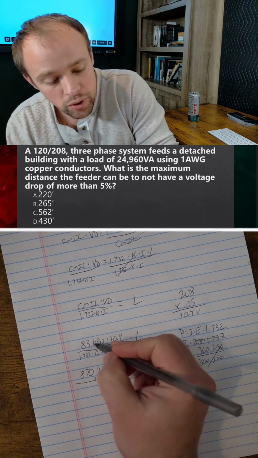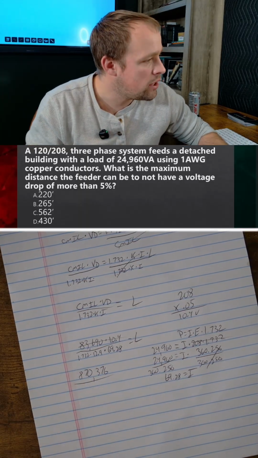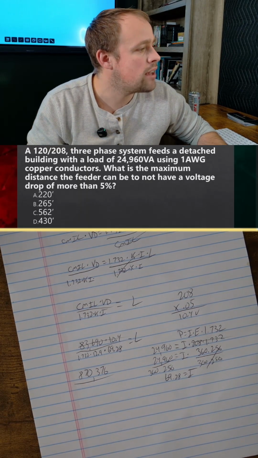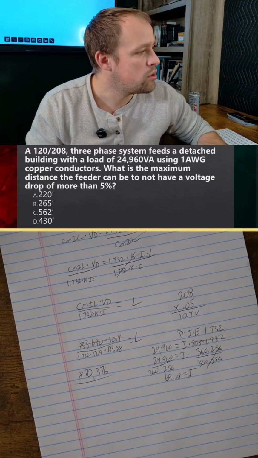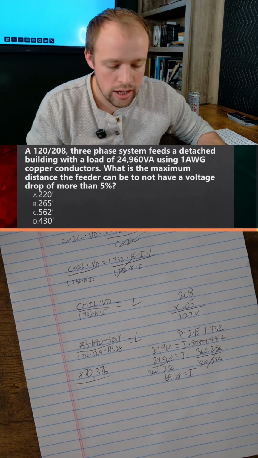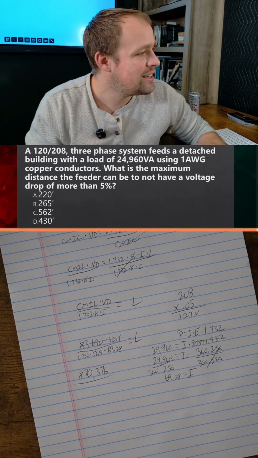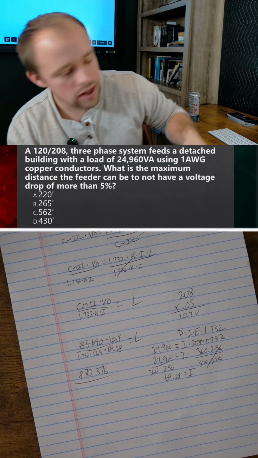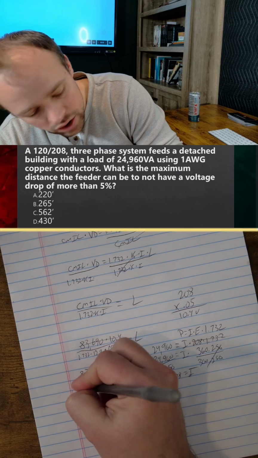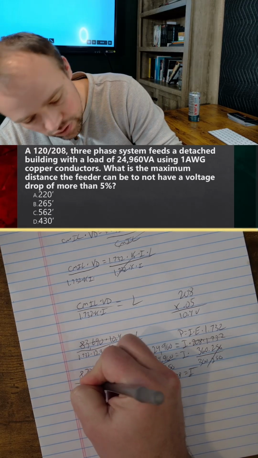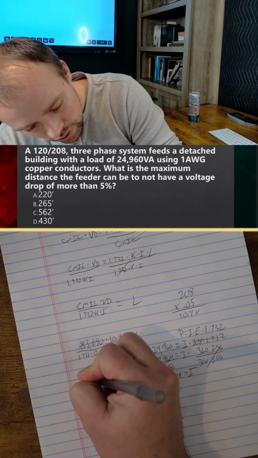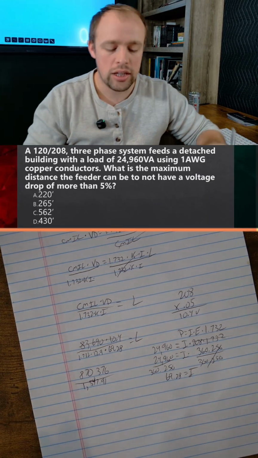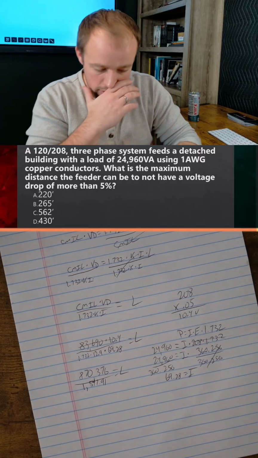So that's my numerator, divided by 1.732 multiplied by 12.9 multiplied by 69.28, which gives me a denominator of 1,547.91. I always round to the hundredth in this case.